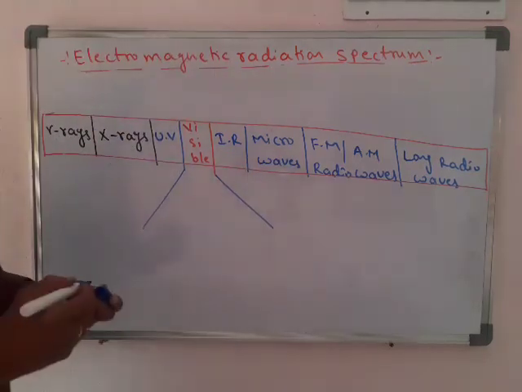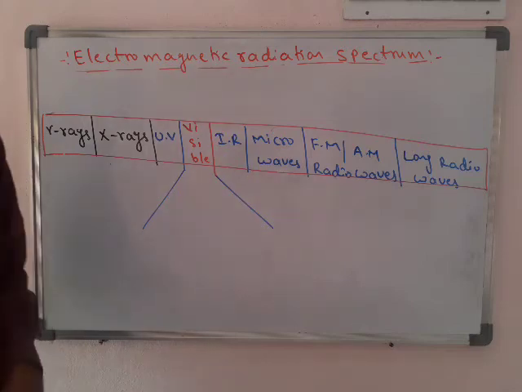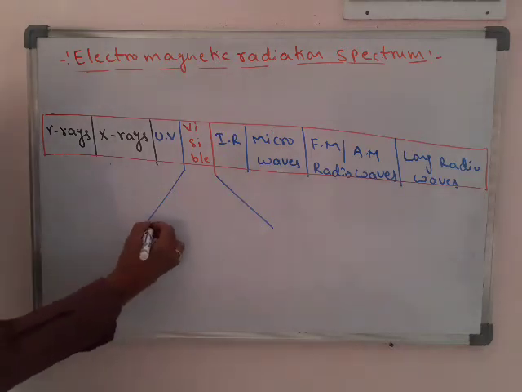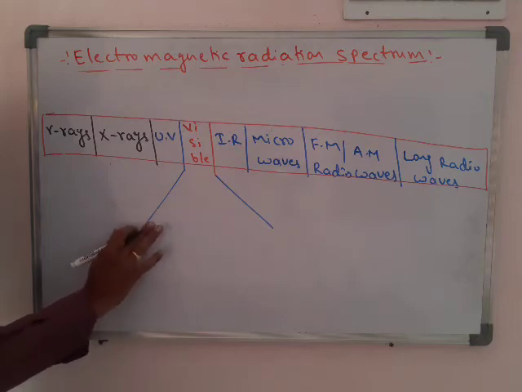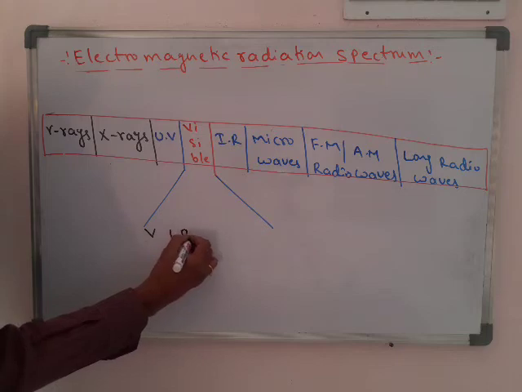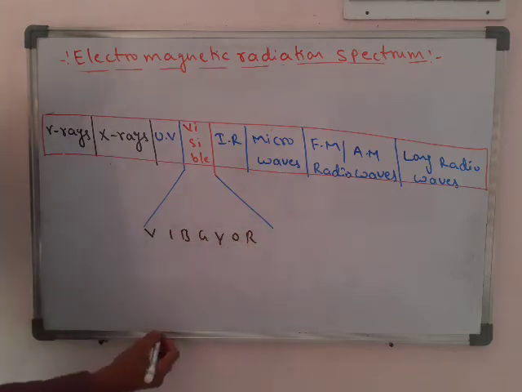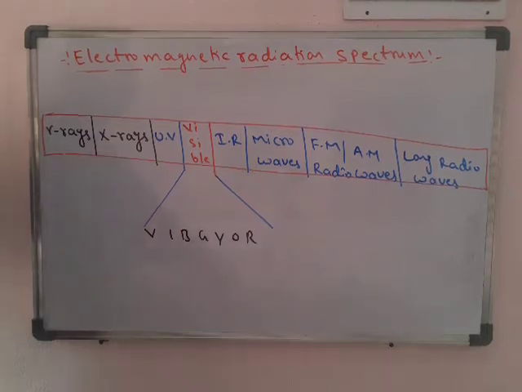So, nothing but VGR. In the visible region there are seven parts, which we observe as rainbow colors. That is known as VGR.